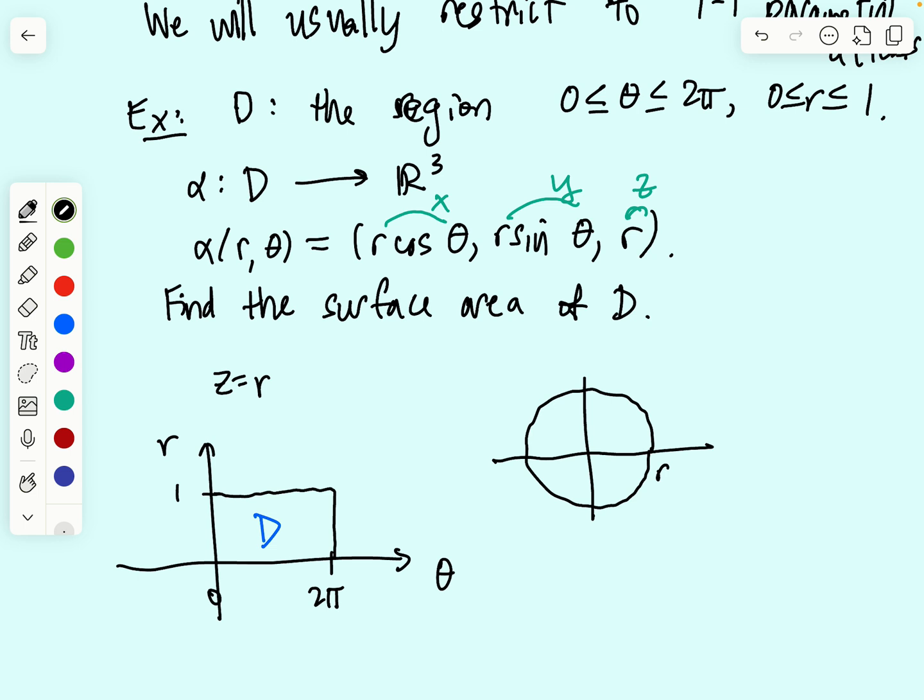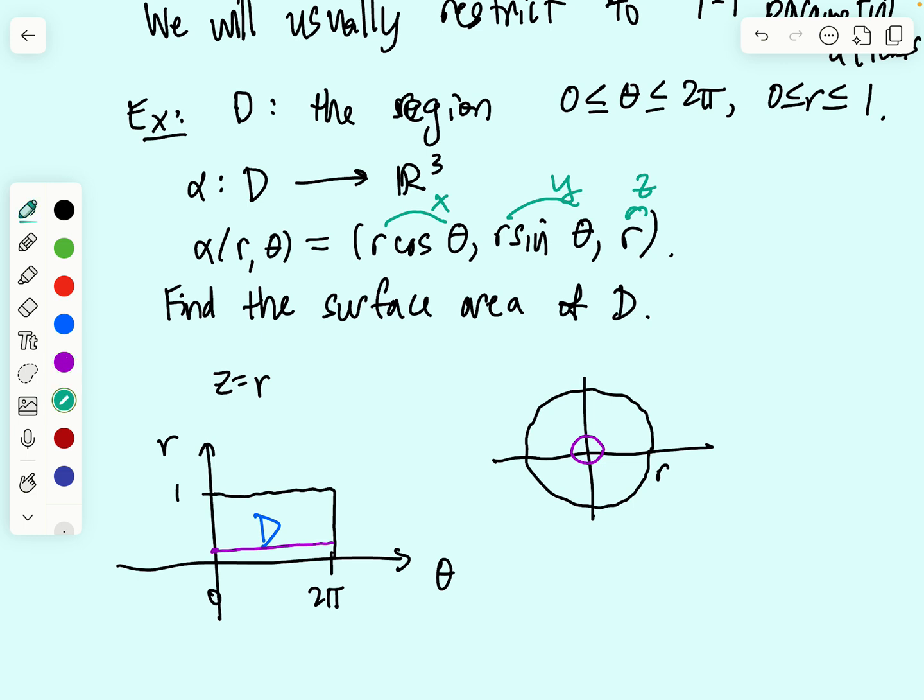And you can see this if you just look at what's going on: let's say that you keep R to be something here, and then you let theta go from 0 to 2 pi, that's going to trace out a circle like this.